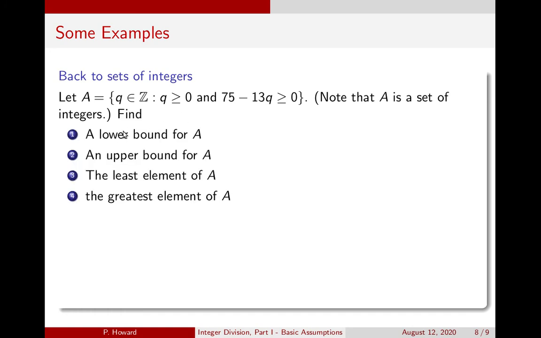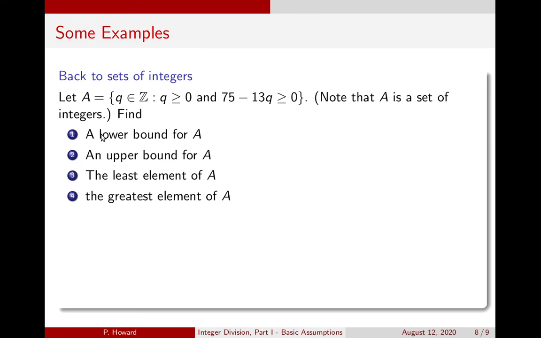And what we would like to do is find a lower bound for A, an upper bound for A. Let's notice before we start that capital A is non-empty. There is something in A, maybe more than one thing, but an easy thing. An easy number is 0, right? The number 0 satisfies this inequality, and the second inequality, when you replace q by 0, is also true.